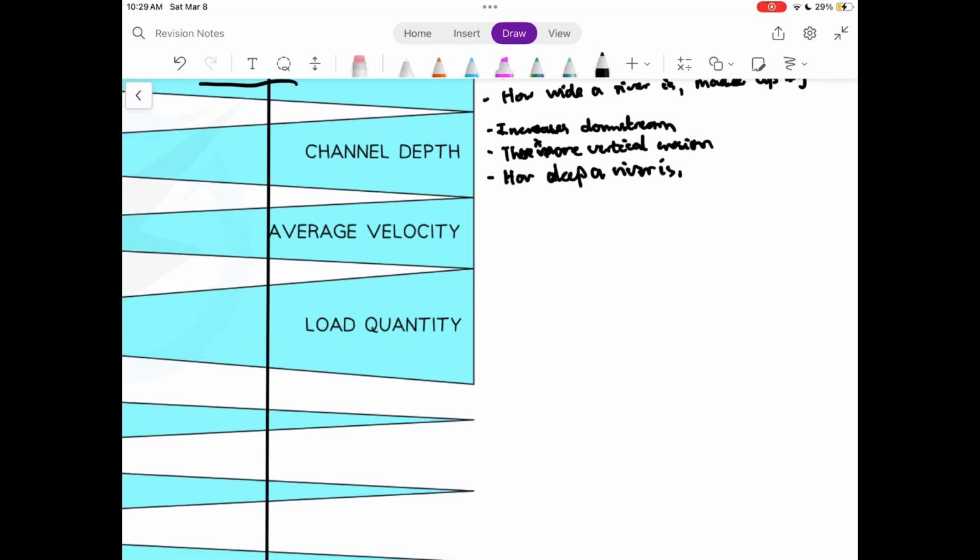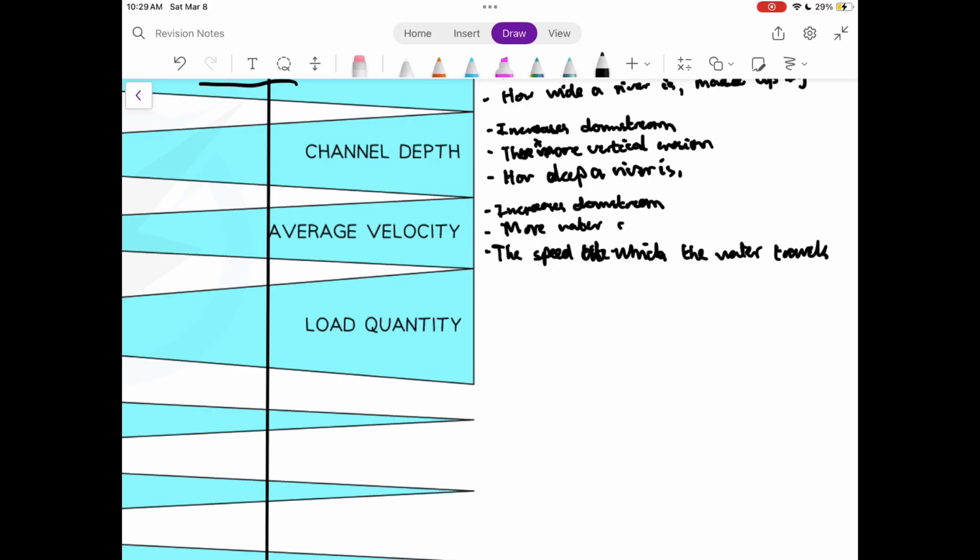So this is the speed at which the water travels. And this increases downstream because there is more water being added from tributaries, which pushes the water to be faster. So more water added from tributaries.